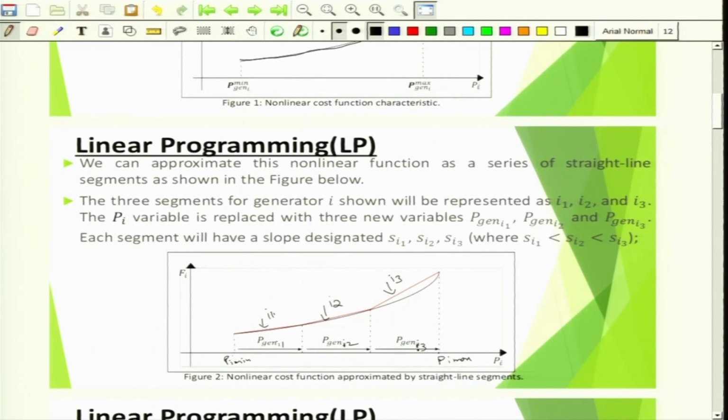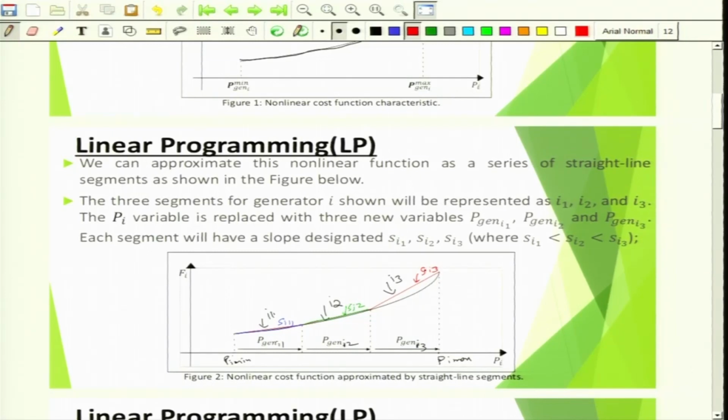This is the slope for the first segment, SI1, the second segment slope is SI2, and the third segment slope is SI3.